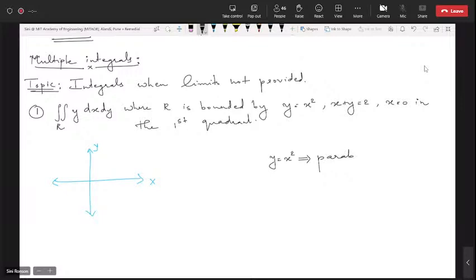Parabola, right? Yes, ma'am, parabola. Now, parabola is symmetric about which axis? Tell me. This is symmetric about which axis? Parabola, symmetric about which axis should I draw it?